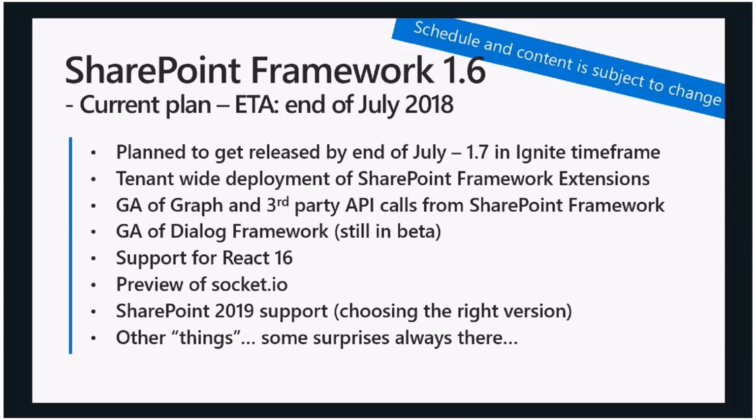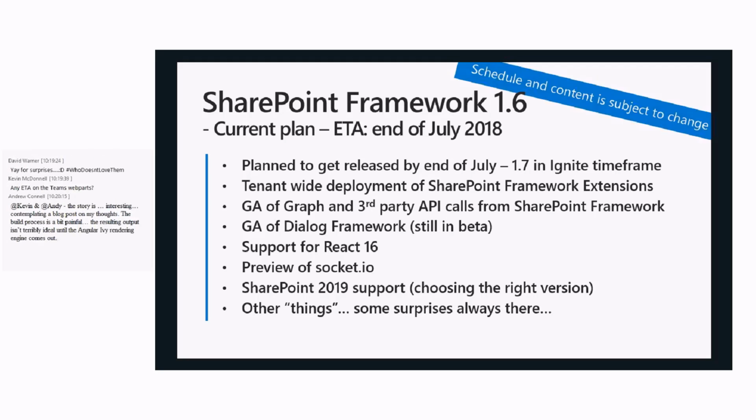There's a quick question from Kevin. I've missed a lot of the questions probably in our window, but Kevin is asking on the ETA on the Teams web part. I would say right now the target is to get the Teams web part integration to preview in Ignite, so 1.7, and then we do not have a GA timeframe at this point. Obviously we might hope that the GA and production support will be by Christmas.